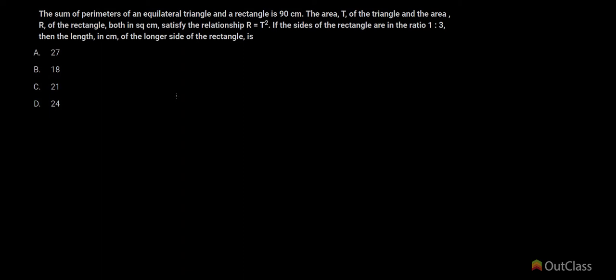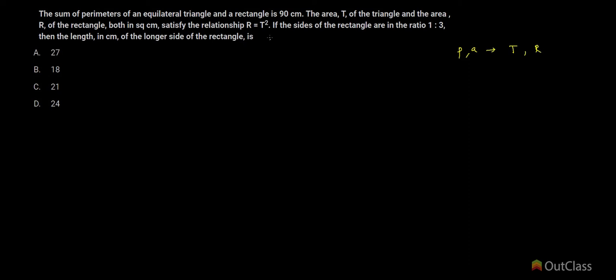Now this is one of the more time consuming questions in this paper. It's a little bit to do, but it's not too complicated. What are the things we need? We need the formula for perimeter and area of both the equilateral triangle and the rectangle.